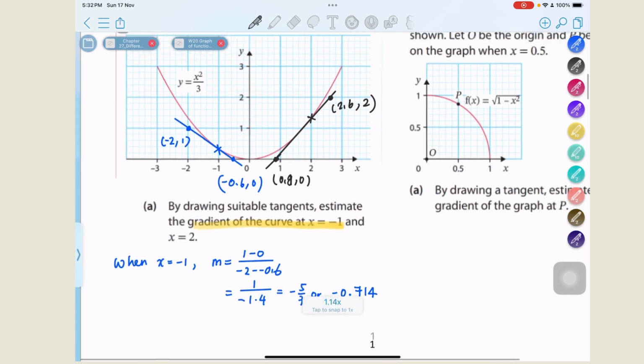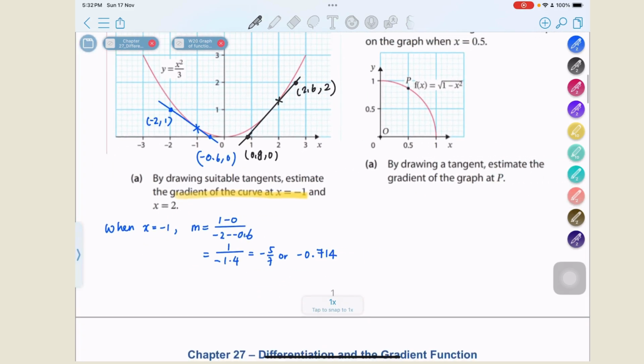Let's look at how to work out the gradient of the curve. When x = 2, what is the gradient of the curve?